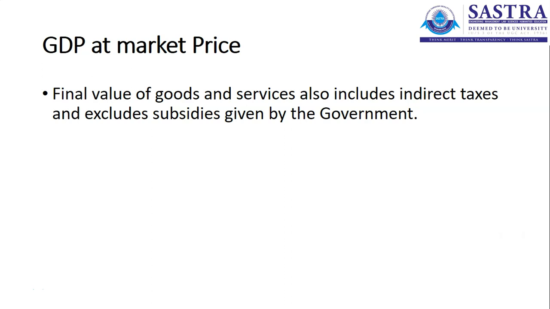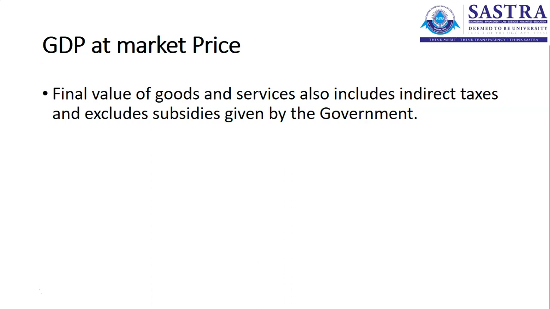What are the aggregate of products? The essential goods available in the market. What is the price at which the consumer pays and purchases the product from the market? At that price, we calculate what we call the gross domestic product at market price. And we exclude the subsidies given by the government, which are adjusted with the market price.